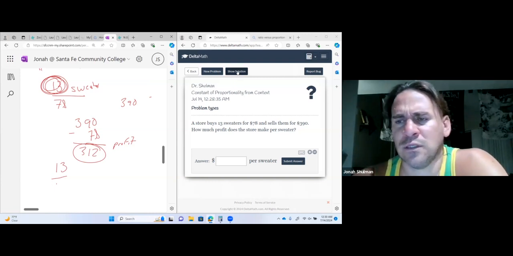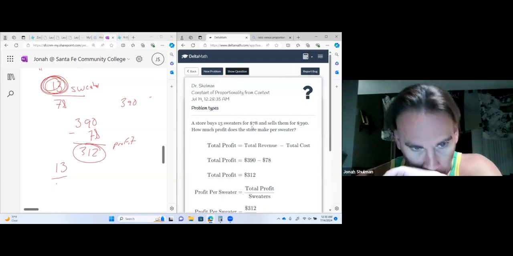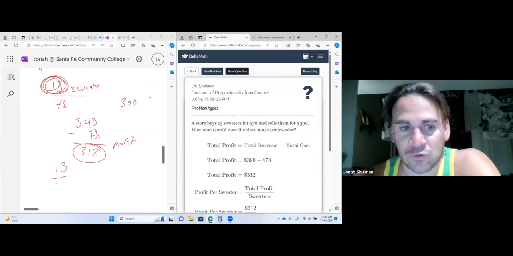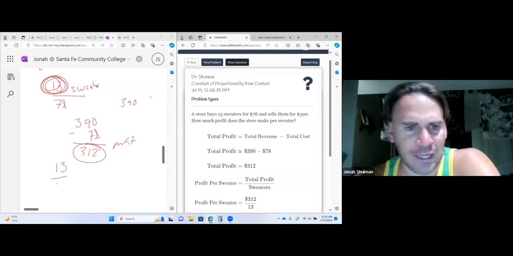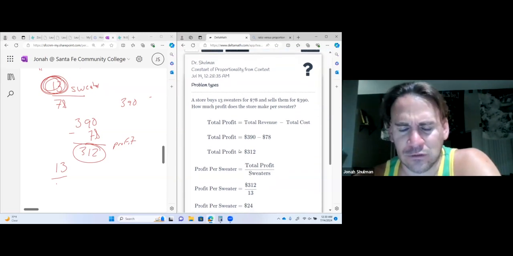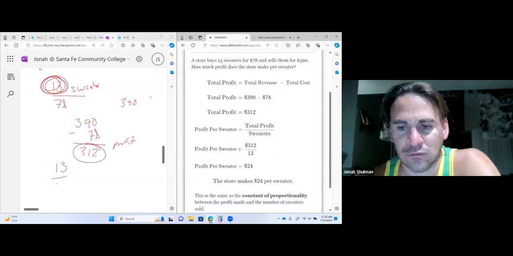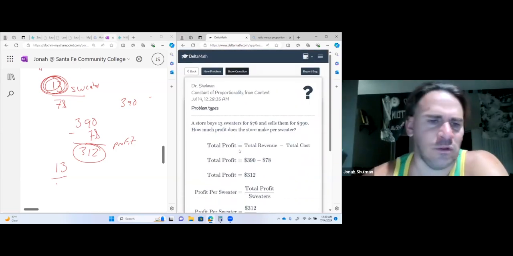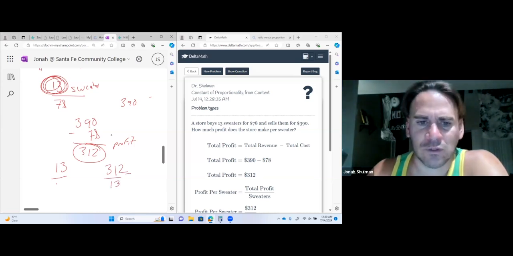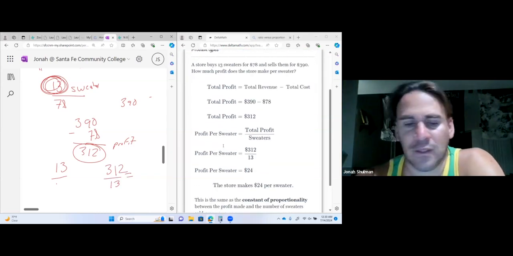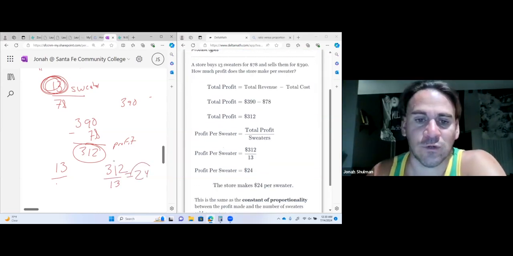Let's see the solution. Let's see how they did it. I'm curious. Total profit over sweaters, that's what I had. I was going to have 312 over 13. Oh, that's all we do. Nice. So all we have to do is take the profit and divide it by the number of sweaters we have, and then we'll get 24. We're making $24 per sweater.